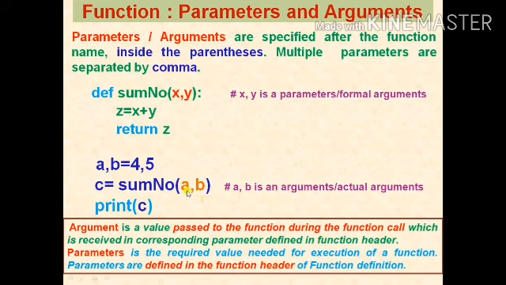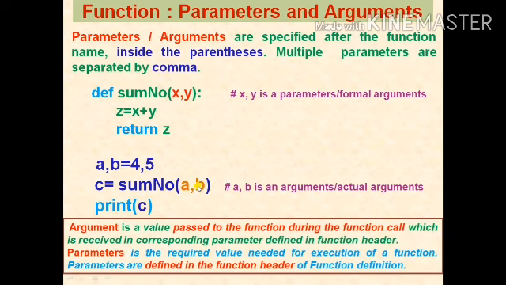Let us see the example. We have given an example. Here is a sum number function having parameters x and y. When it is called, a and b are supplied for its working.